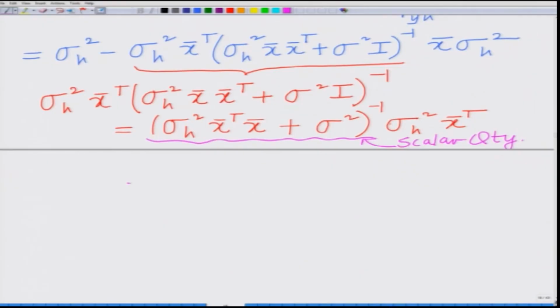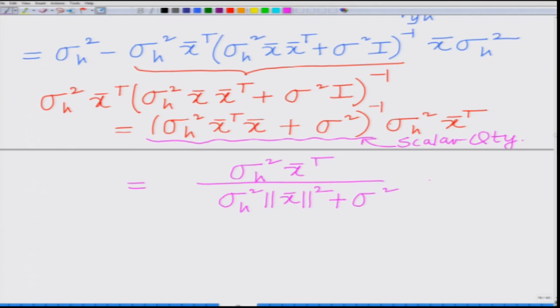This follows from several principles. We have proved it in one of the modules. In fact, this also follows from the matrix inversion lemma, the matrix Woodbury identity. And this is the simplification.